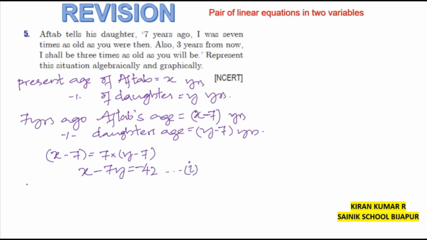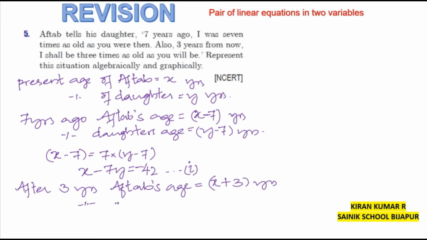Then they have given 3 years from now. So after 3 years, Aftab's age will be x plus 3 years and daughter's age will be y plus 3 years.